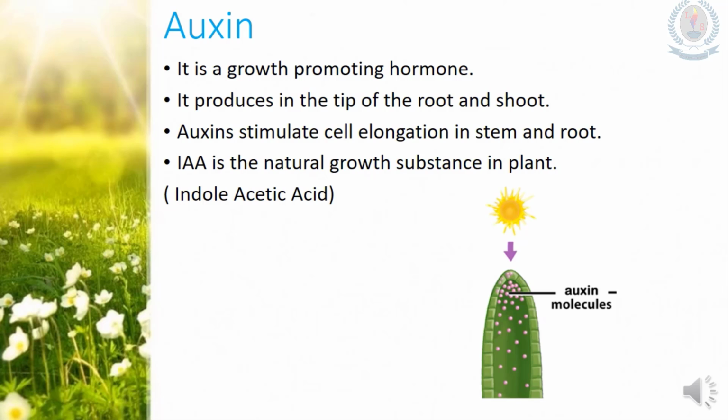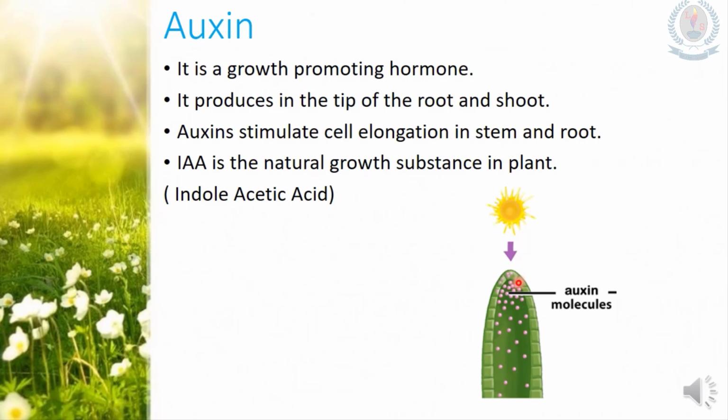Auxin stimulates cell elongation in stem and root. What is cell elongation? When the apex is producing auxin, the molecules are pushed downwards when there is sunlight.